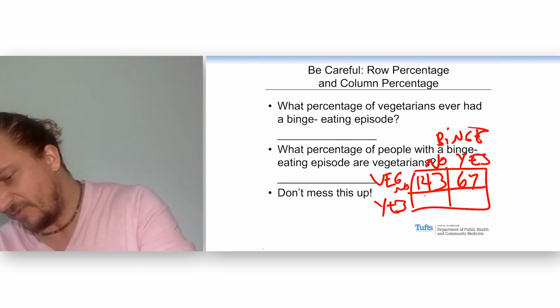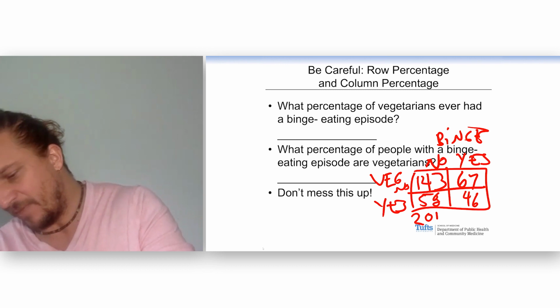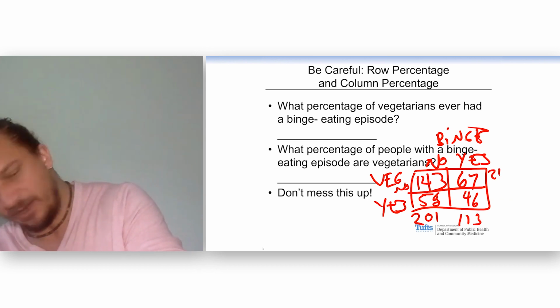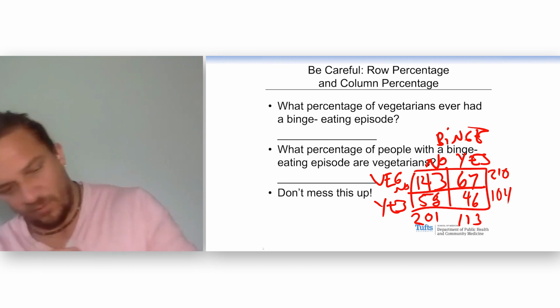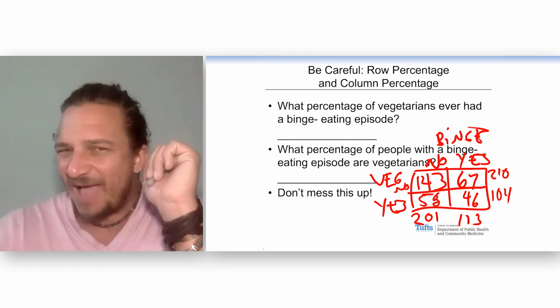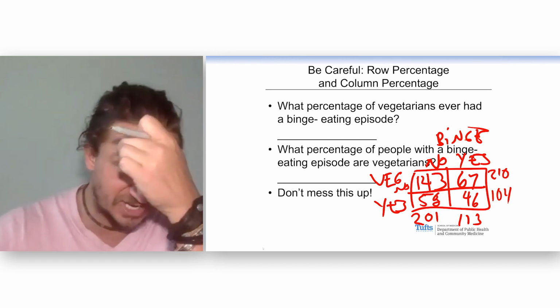And so when we look at the numbers from this table, I didn't actually memorize these. I have them carved into the table in front of me. 210, 104. All right. So I recommend that when you write this sentence, you calculate it by hand and then go back and double check the Stata output.